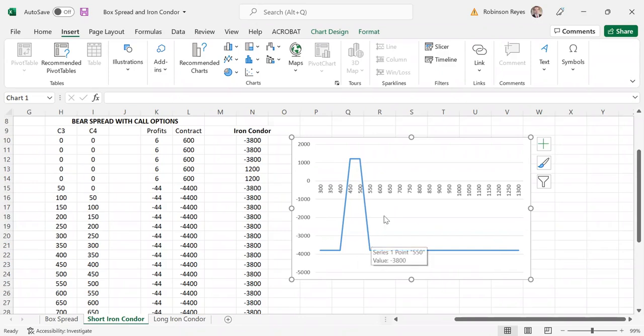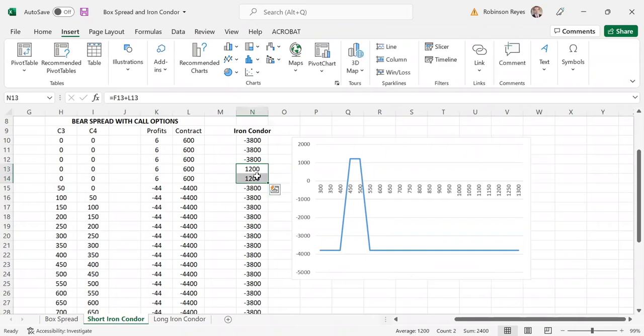And by the way, this profit is 1,200, right? And then there could be some values here in between. So basically, the maximum gain from an iron condor, you're getting it when the stock price is right there between the middle strike prices, right?